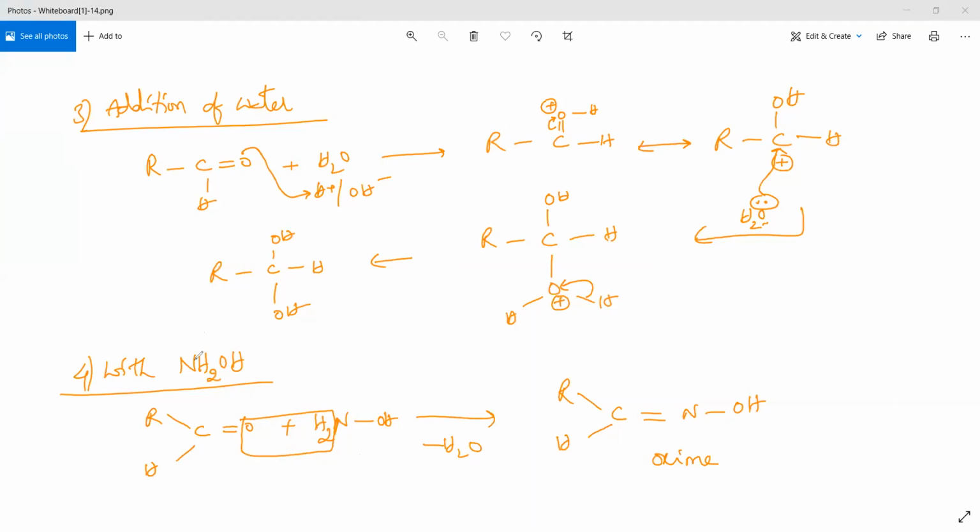With hydroxylamine, here you can see water is eliminated. Then the remaining will be oxime. With hydroxylamine, you will get oxime.